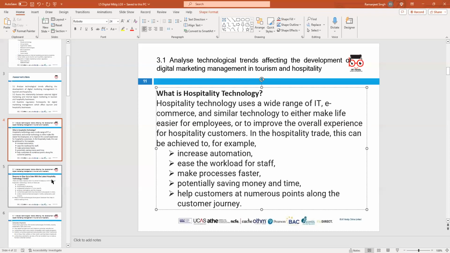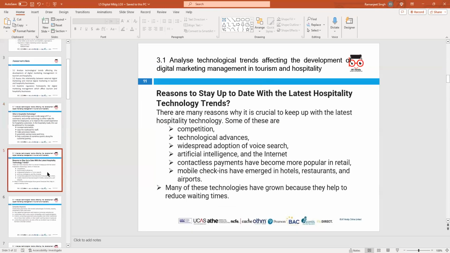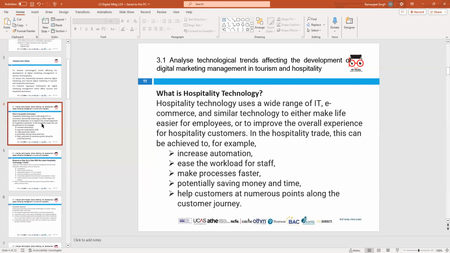Do you understand? So technology has eased the transaction and the workload over the years. But having said that, it has also increased the workload for staff. So there are advantages and disadvantages. Advantages are faster payment, quicker transactions, saves time, saves money, and processes transactions very fast.